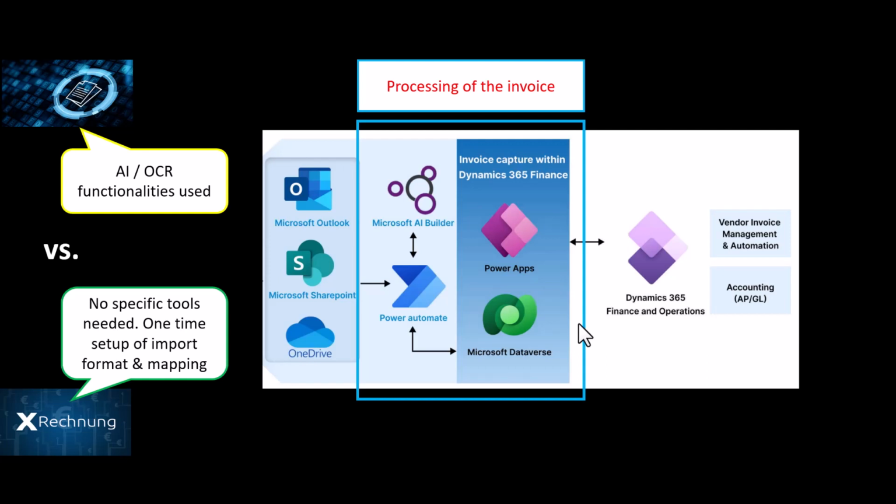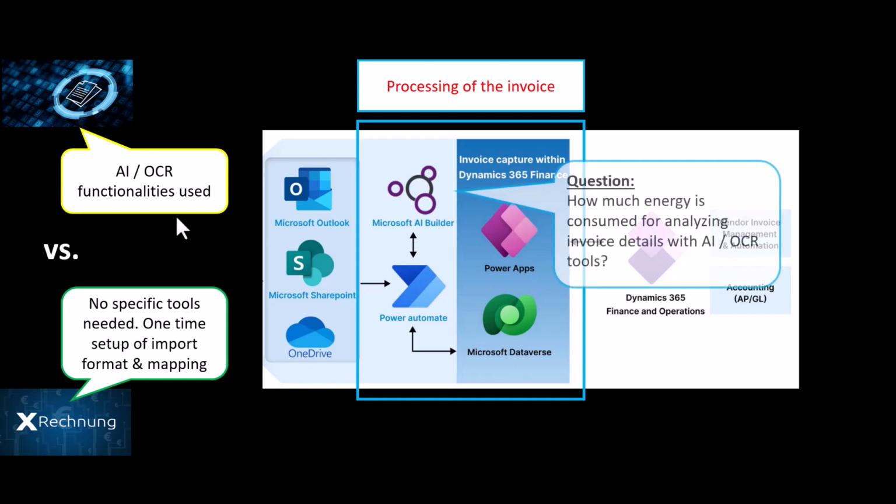Because this X-invoice has a special structure that is defined by standard setters, the European Union, for example, and I just need to set up this import framework once. That tells me where I can find the invoice header, where I can find the vendor information number, where I can find the pricing information and so on. So it's a one-time setup and mapping exercise that you have to do, versus something that continuously needs energy.